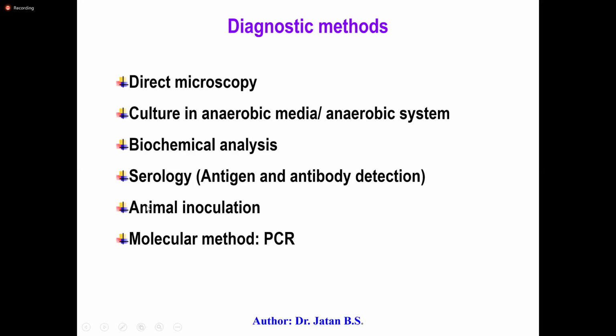You can use a lab animal, a guinea pig or mice, and inoculate the patient's exudate. If the patient exudate has Clostridium perfringens, the animal is also going to die after a few days. Then you can also go for molecular technique, that is the PCR. All those unique genes which are present in the bacteria, which are not present in other bacteria, can be amplified and analyzed by using the molecular method.